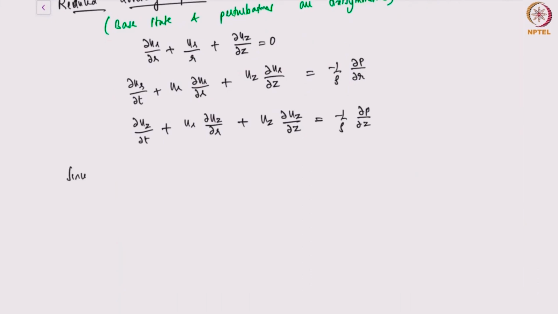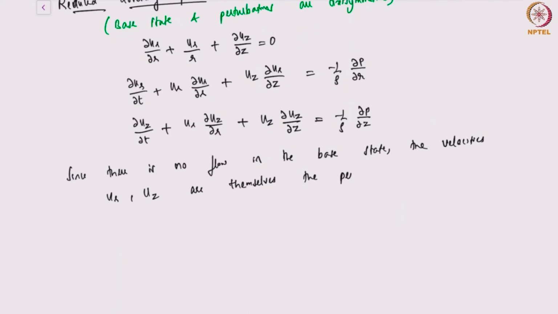Since there is no flow in the base state, the velocities u r, u z are themselves the perturbation velocities.